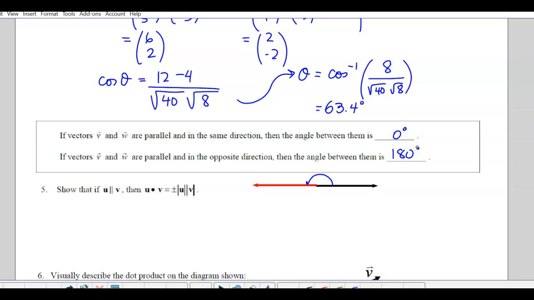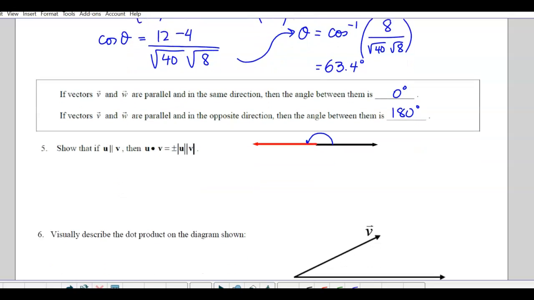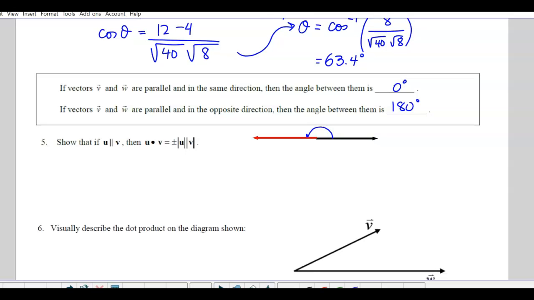Okay. So show that if vectors u and v are parallel, then the dot product could be the positive or the negative of the product of the magnitudes. So let's say we use our definition, and we have u, v, and our cosine.